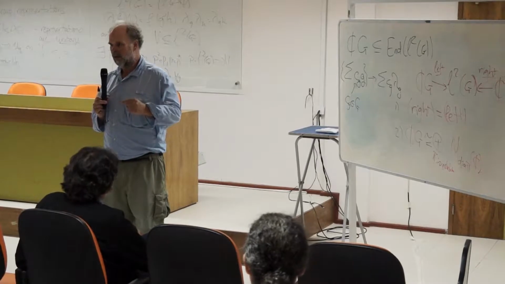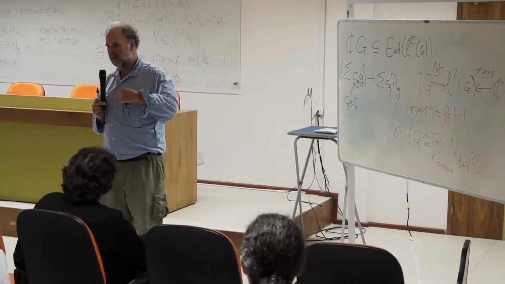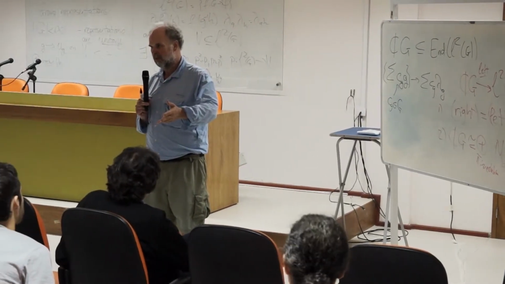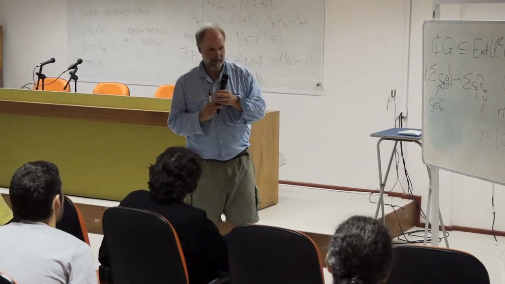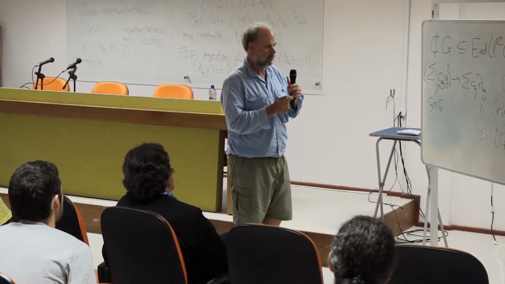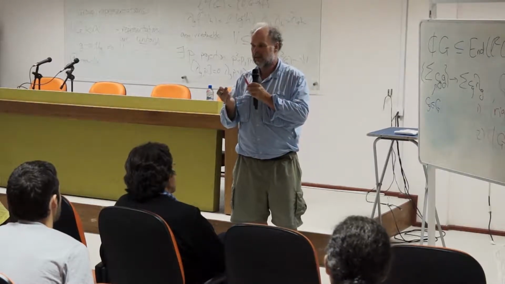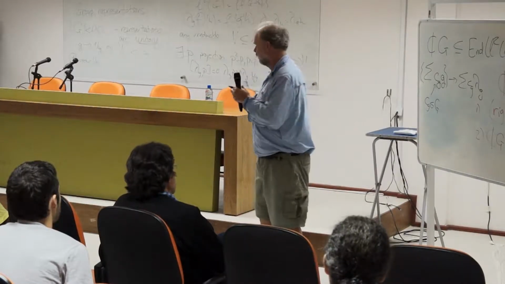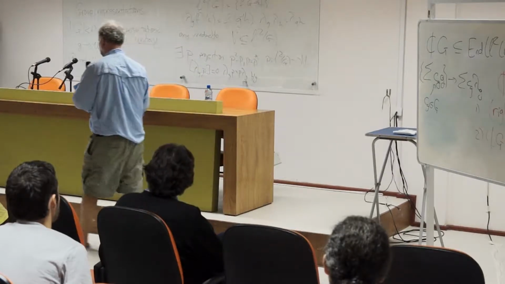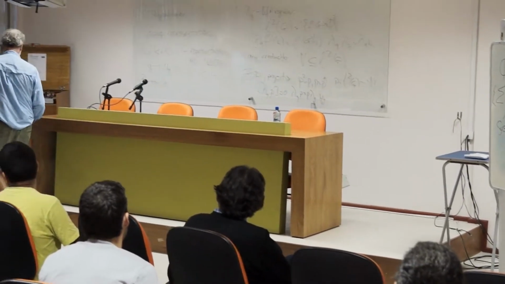So now I want to go and tell you a few words about what happened in the 20th century, okay? By trying to extend this work in different directions. The first direction worked fine, and that is for G compact. So we can now decide to replace G by a compact group.